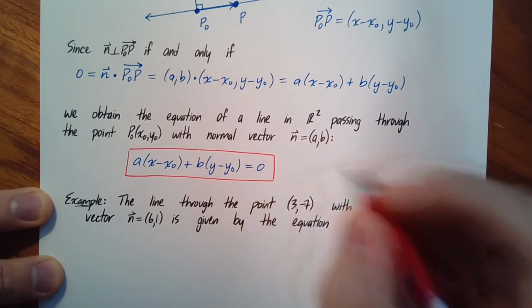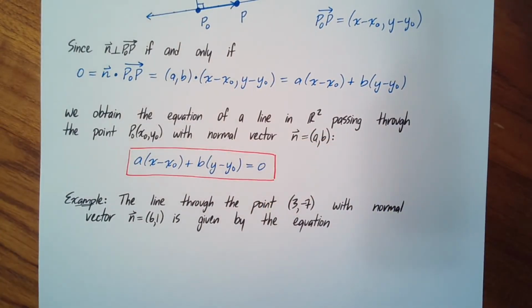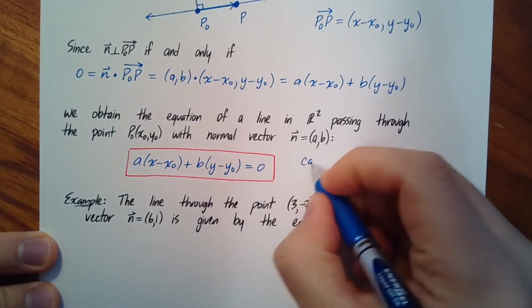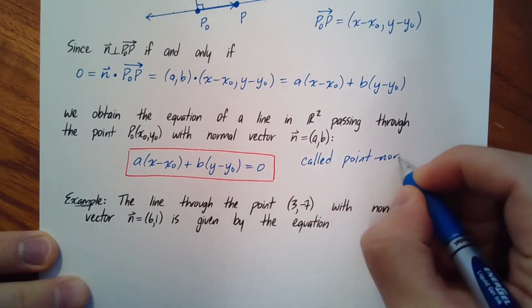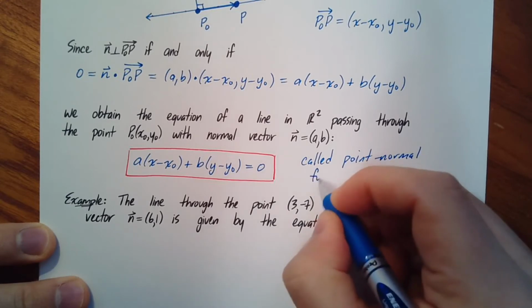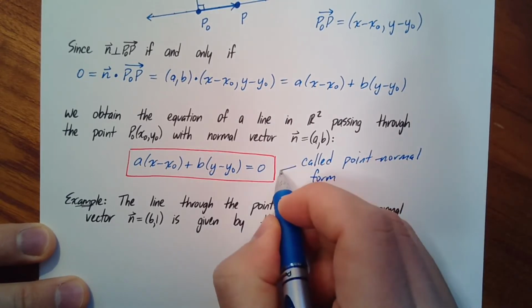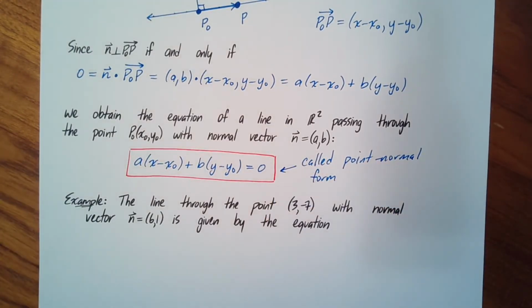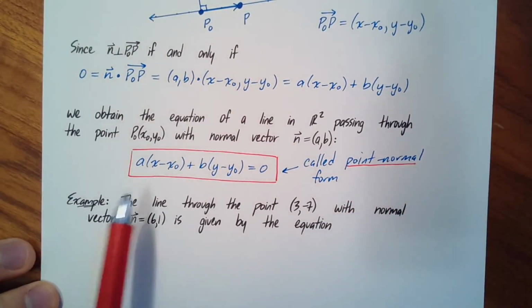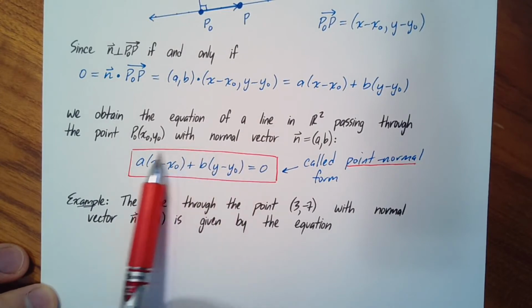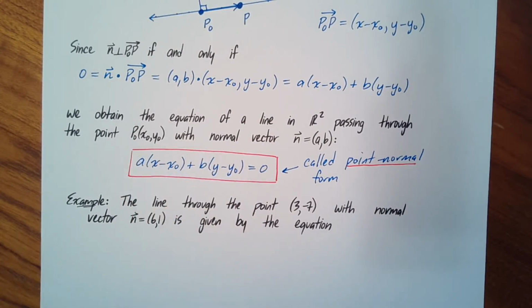This actually has a name. It's called point normal form. So this is called point normal form of a line. Why is it called point normal form? Well, because if I tell you that this is the equation of a line, it tells you right away what the normal vector is.